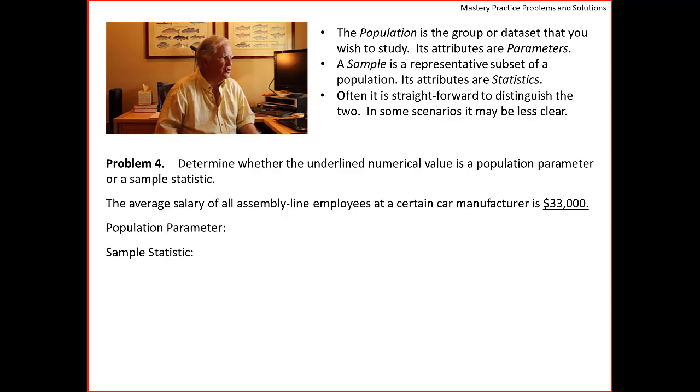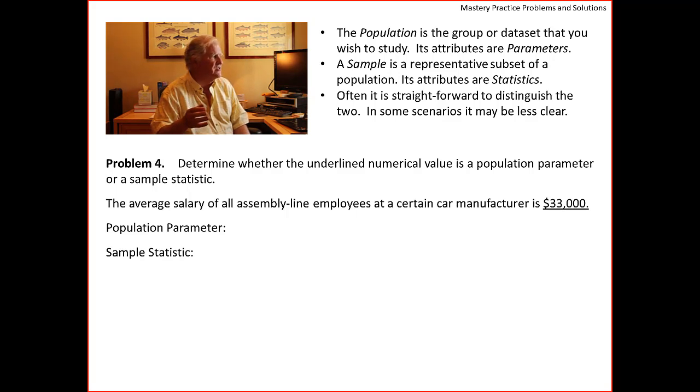In which case, $33,000 is a population parameter, and it was determined from what is called a census. A census is essentially a sampling of the entire population. It's when every element of the population is queried. There is in that case no sample statistic associated with it.